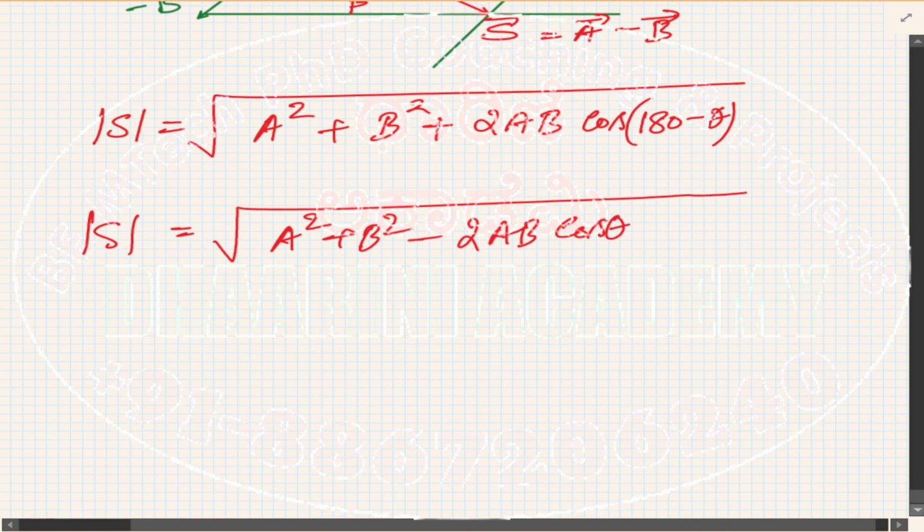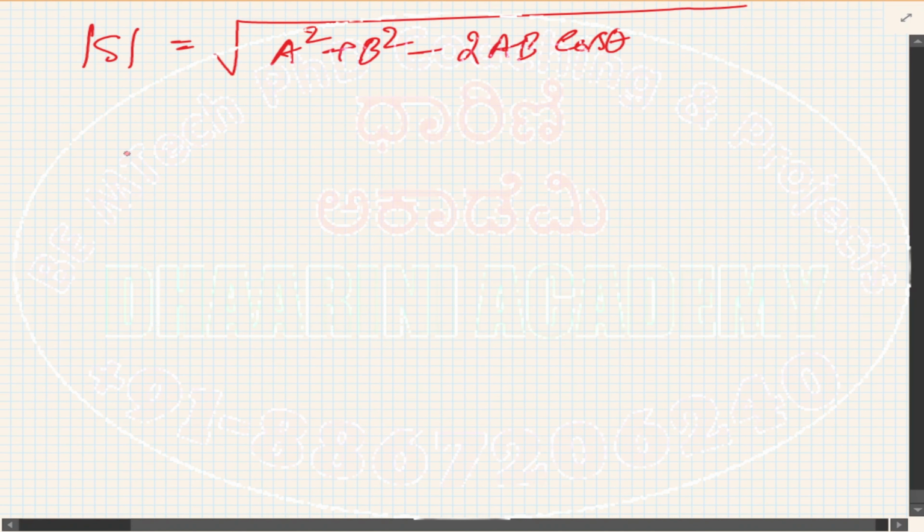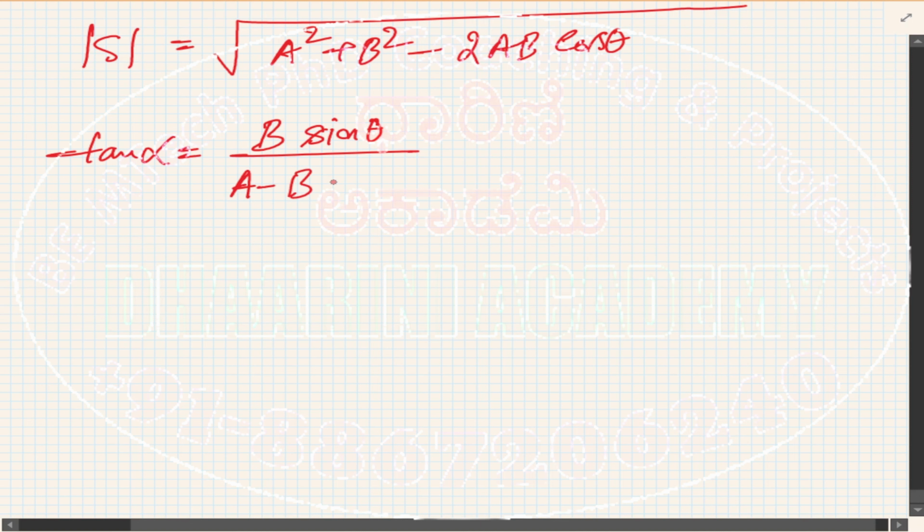Similarly, we can write the angles using the following equation. Tan alpha is equal to B sin theta divided by A minus B cos theta.